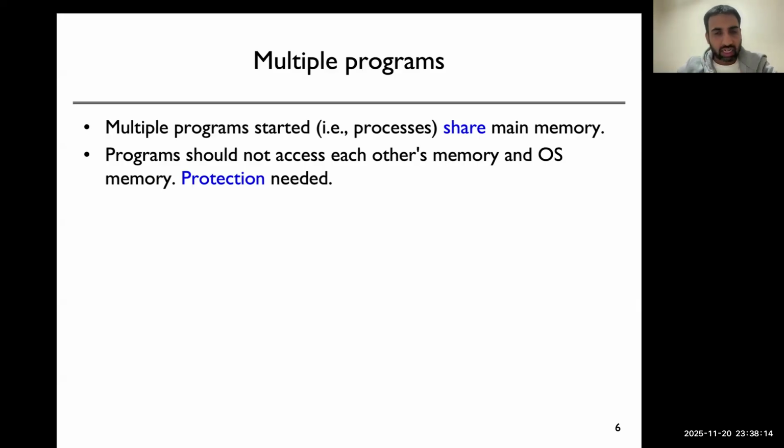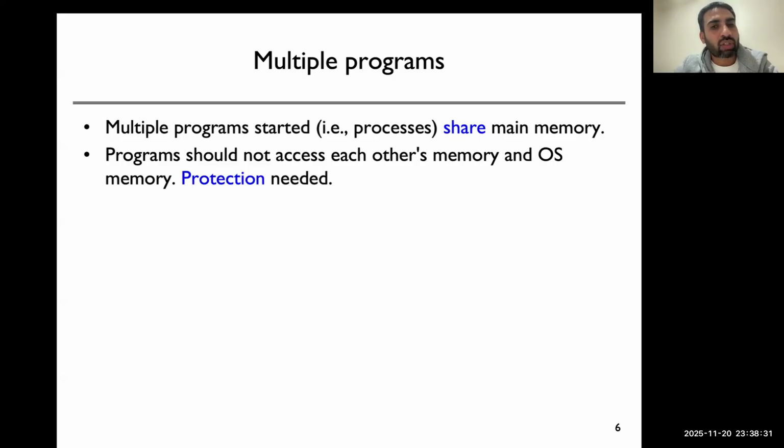Why? Because if that happens, then one process, let's say process A, accidentally or by intention, can corrupt the execution of other processes, or even the execution of the operating system, right?